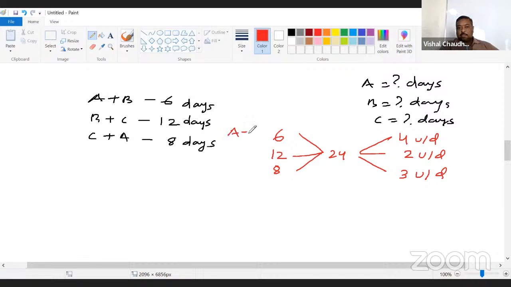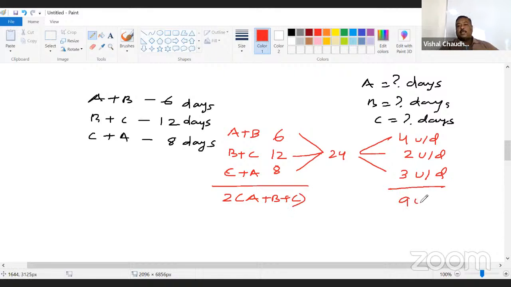Now understand, this is your A plus B. This is your B plus C. And this is your C plus A. So here we have twice A plus B plus C, and that is 9 units per day. Or can I say, if I cancel it out, it is 4.5 units per day, ABC. Now understand, A plus B plus C is doing 4.5 units.